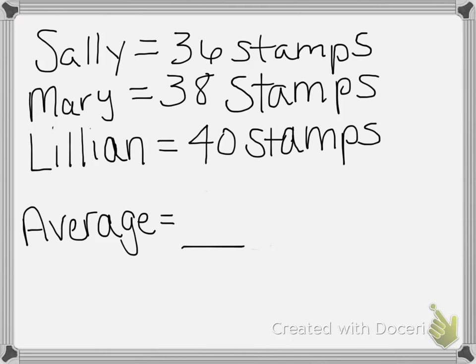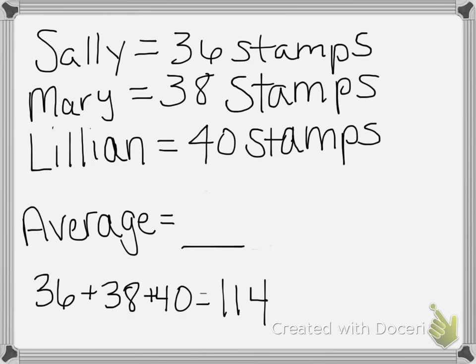For our next question, Sally has 36 stamps, Mary has 38, and Lillian has 40. We want to know the average of the stamps. So remember, for our average, we need to find the total of all the values together divided by how many values we have. So for this, we need to add 36 plus 38 plus 40, which equals 114.